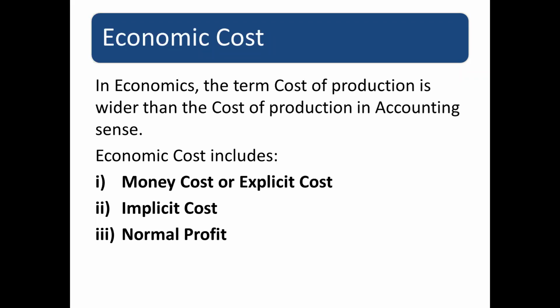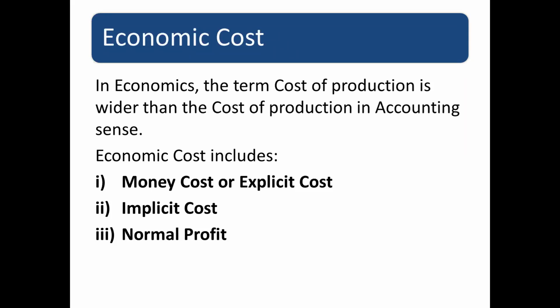But in economics, we include the estimated cost. Estimated cost means we estimate how much is the rent of this building which he is using for production, how much is the interest on the capital which he is investing himself, how much is the estimated salary of a managing director or a manager for which he is working. That means he is not paying, but we estimate it and include it in economic cost.